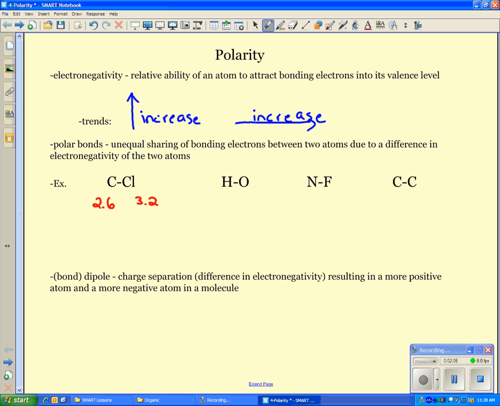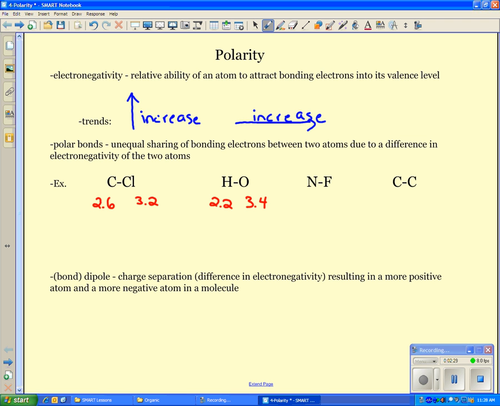Our next pairing, hydrogen and oxygen. Hydrogen has a value of 2.2, and oxygen we see has a value of 3.4. So again, difference in electronegativity, which means that hydrogen and oxygen do form a polar bond, just like carbon and chlorine do.